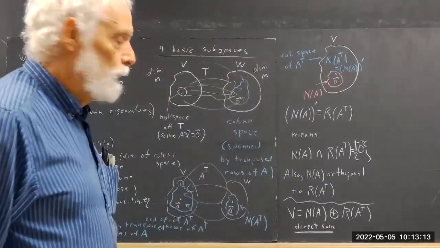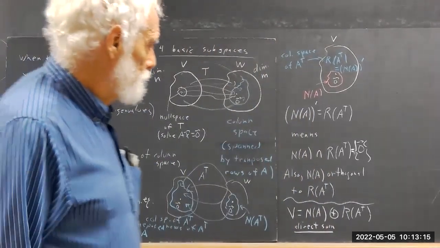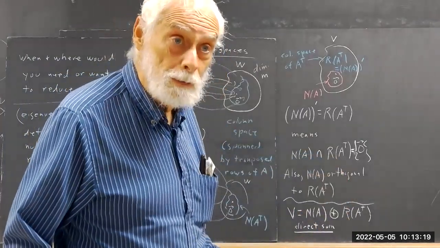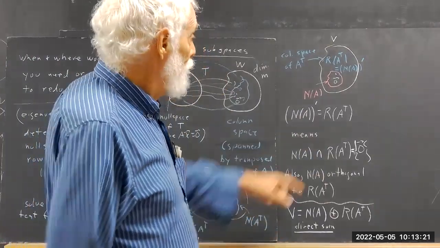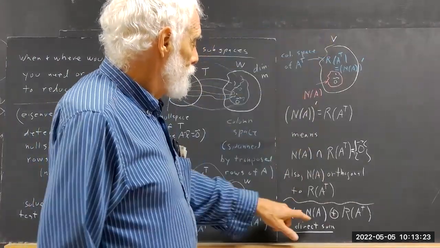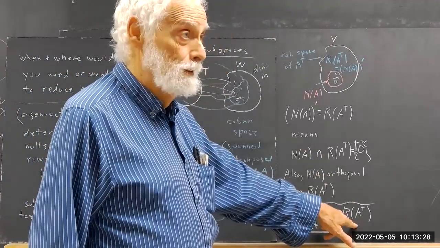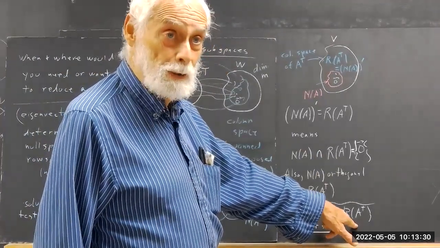And it's a fairly obvious idea. It just means that, first of all, these two have nothing in common except the 0 vector. Second, any vector in V is the sum of a vector in the null space and a vector in the column space of the transpose.